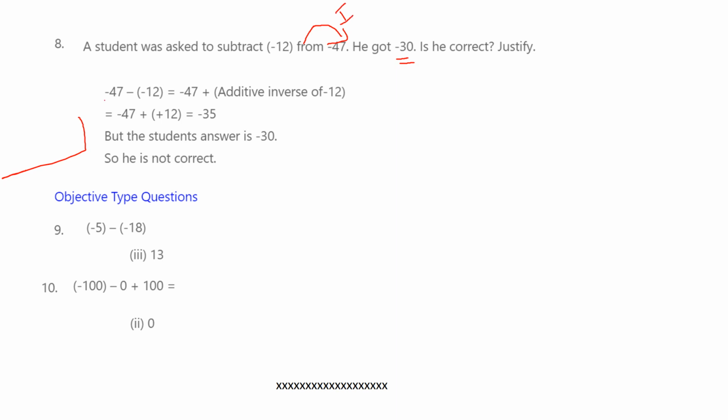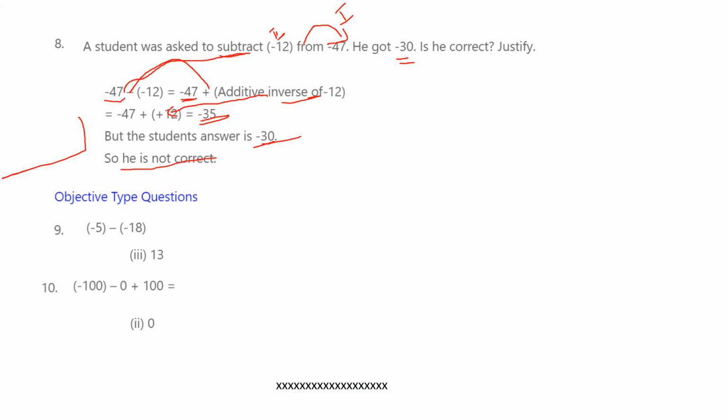Here our rule is subtraction. So write the subtract symbol, and second one here -12. So write the first number as it is, minus 47, the minus you change into plus, and the additive inverse of minus 12 is plus 12. So minus 47 plus 12 is minus 35 only. But he got minus 30. So it is wrong. He is not correct.